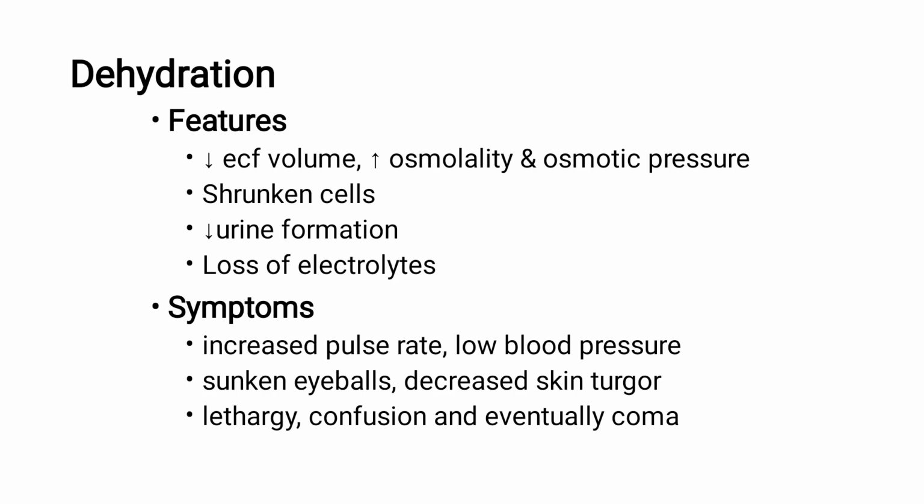The clinical features of dehydration can be decreased ECF volume, increased osmolality and increased osmotic pressure in the ECF, shrunken cells, decreased urine formation. Along with this, loss of electrolytes can also be seen. The clinical symptoms may include increased pulse rate, low blood pressure, sunken eyeballs, decreased skin turgor, lethargy, confusion, and in severe cases, it may eventually lead to coma and death.